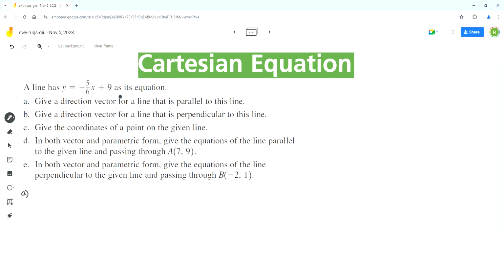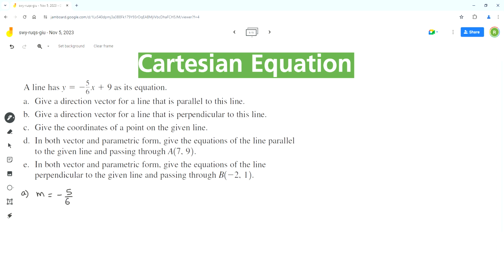Now the given equation is in slope-intercept form. The slope of this given line is negative 5 over 6. We have to find the direction vector for a line that is parallel to the given line.